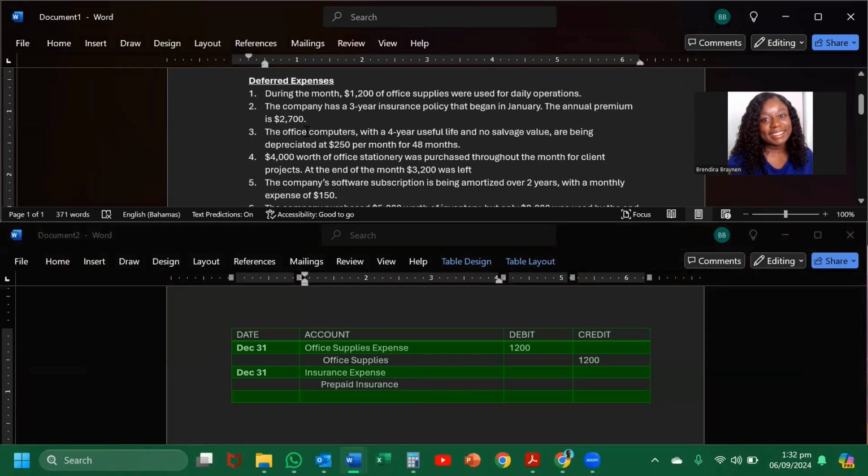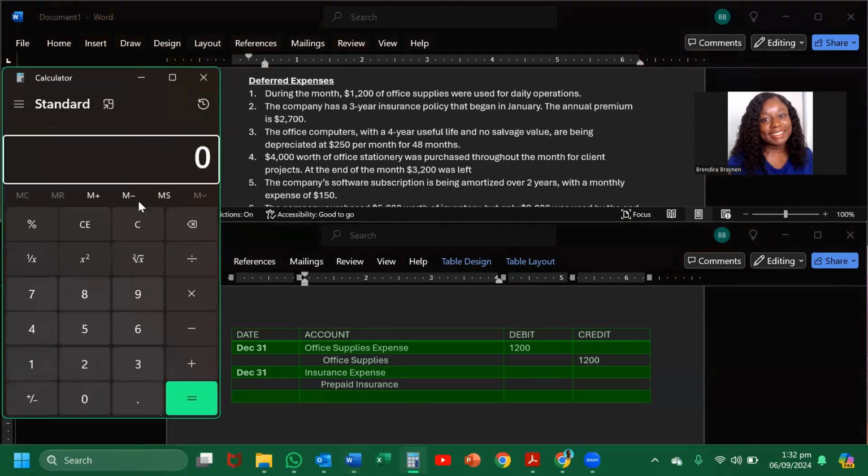And so in order to figure out what a month's worth of insurance expense should be, technically all I would need to do is take the 2,700, which is an annual amount, and divide that by 12. And that gives me 225.